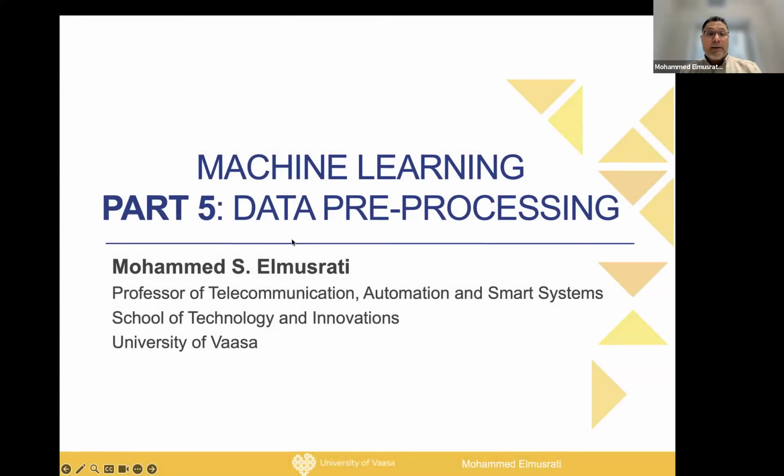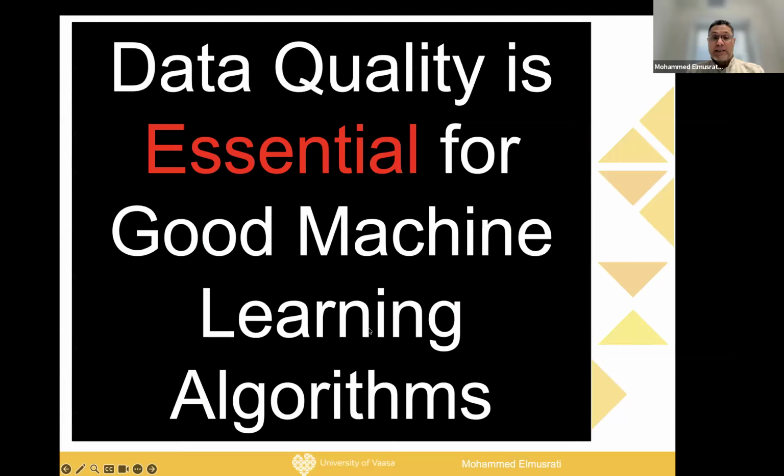Okay, so in this data pre-processing, if we look at this slide, it is written there that data quality is essential for good machine learning algorithms.